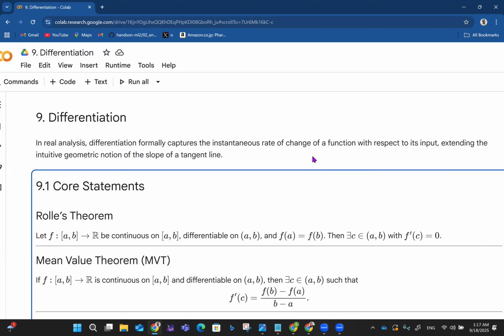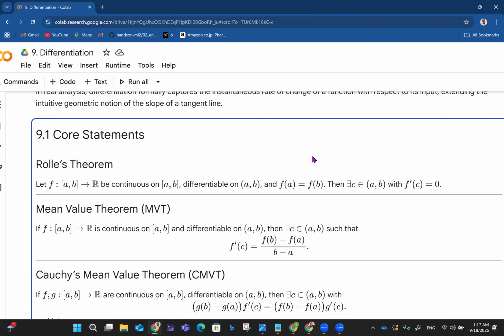Your slope is y2 minus y1 over x2 minus x1. y2 minus y1 is changing y, and x2 minus x1 is changing x. So slope is changing y over changing x, and that's where the whole idea of dy/dx comes from. So that's differentiation for you.